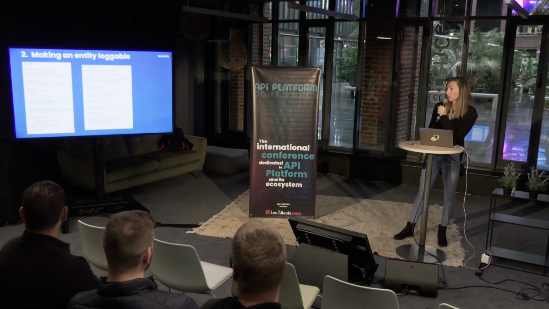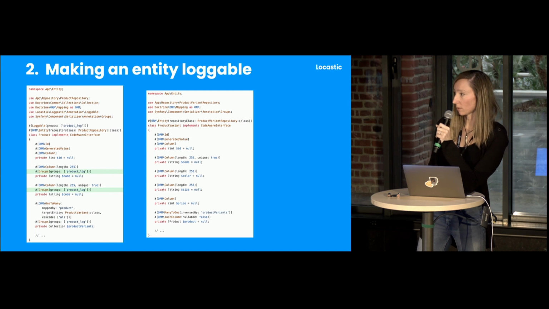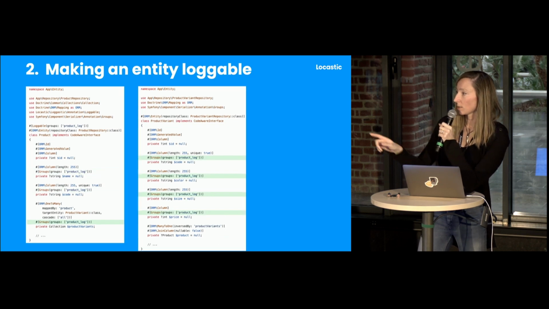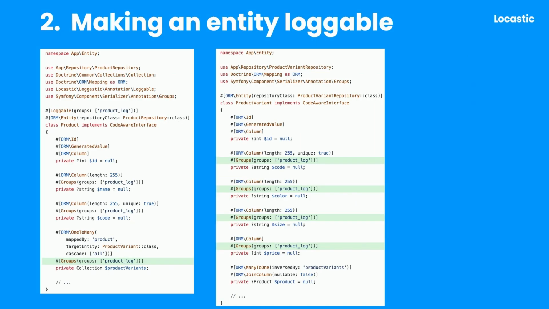And for the relations, if you want to track the product variant collection, we just add the group to the product variant and all the fields inside the product variant that we are tracking. So this is basically the same approach as the API platform has on the resources. They also define the resource and the serialization groups for the fields which will be returned in a response. So this works basically the same, except it is saved to Elasticsearch instead of returned to a response.